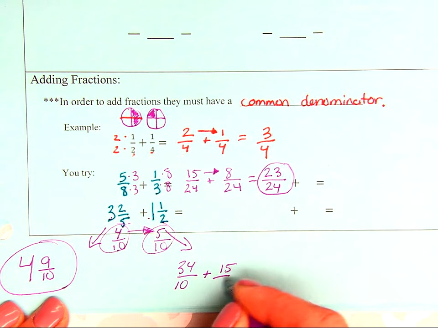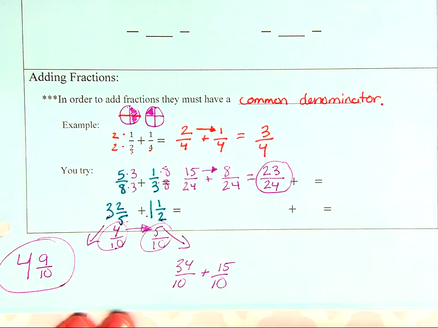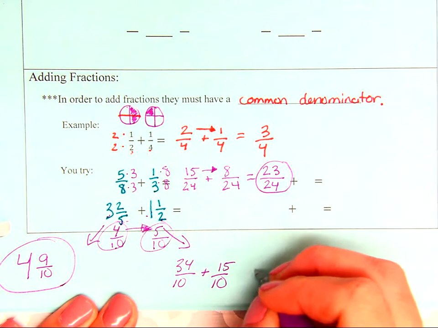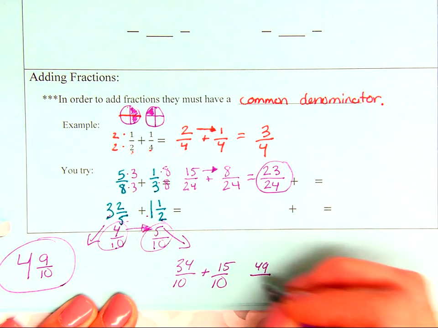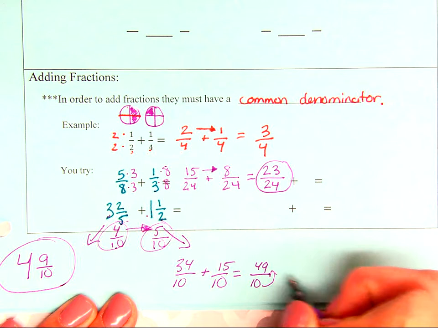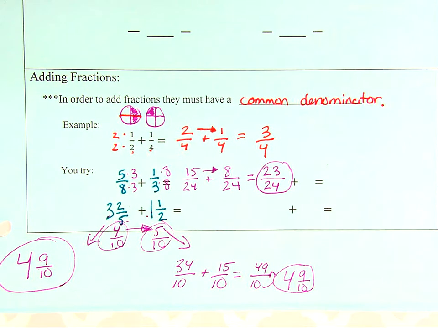It gives me 15/10. Okay, this is the longer way, but sometimes it's just more helpful for students. So that gives me 49/10, which then, again, 10 can go into 49 4 times with 9 left over. So we still get to the same answer doing it that way.